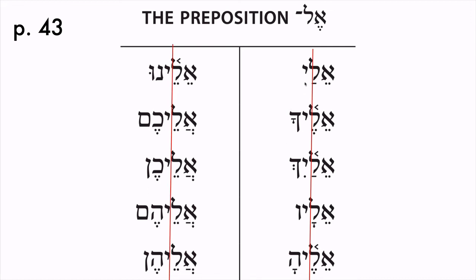If you memorize that first paradigm well, and especially if you really just focus on the consonants, you have a yod for the first person, for to me. You have a yod and then the characteristic kaf. And in fact, they are the exact same consonants all the way through. They just have a yod first.